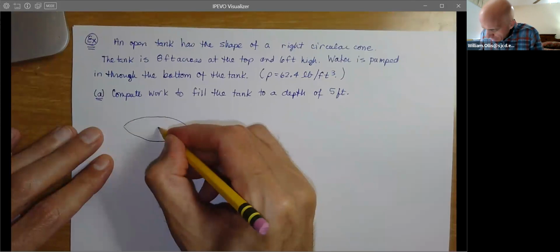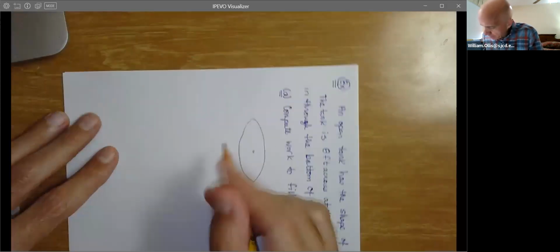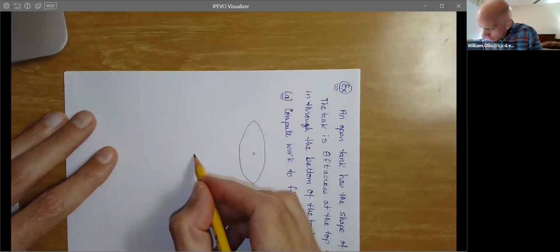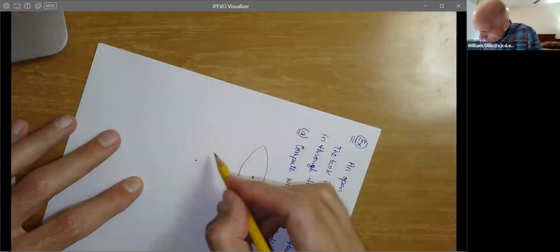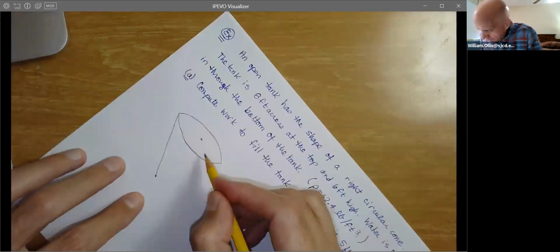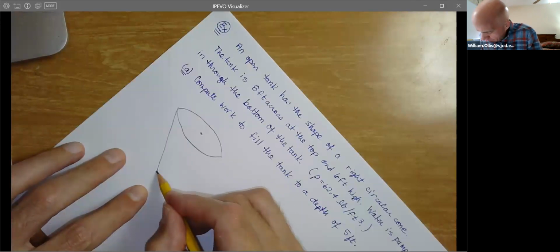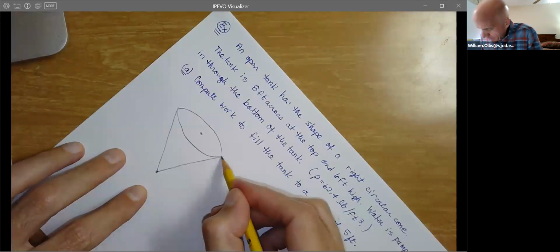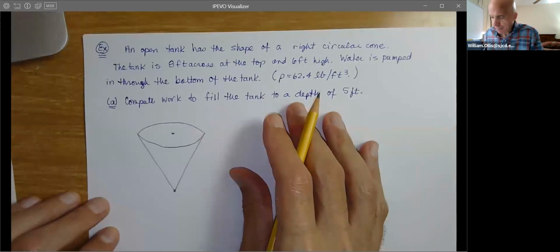Now go ahead and think about the center of the cone here, and then eyeball where the apex will be, and then you can draw edges like this. Okay.